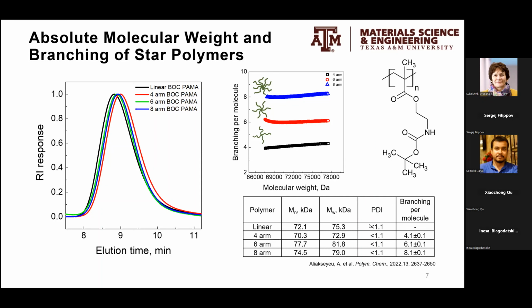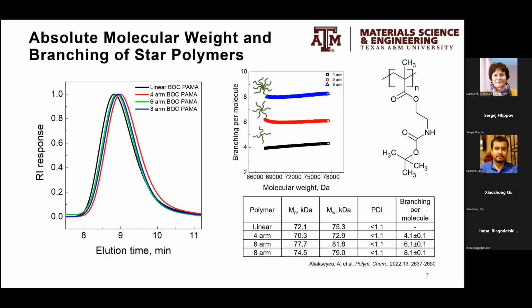The polydispersity index is below 1.1. To determine branching, you need to use, as many of you know, two different techniques. One is hydrodynamic: multi-angle light scattering equipped with a viscosity detector. Then you need classical static light scattering to determine the absolute molecular weight.